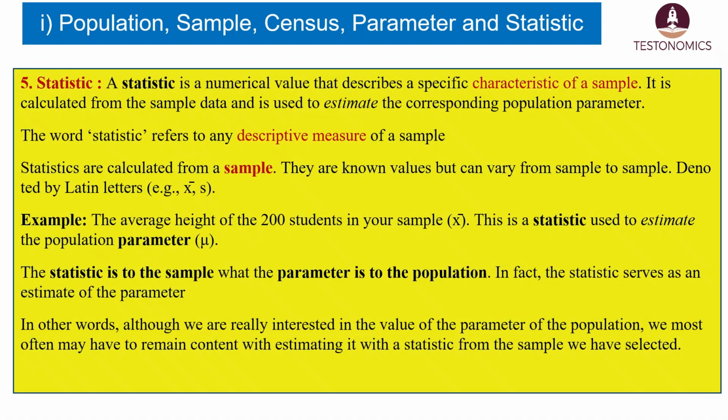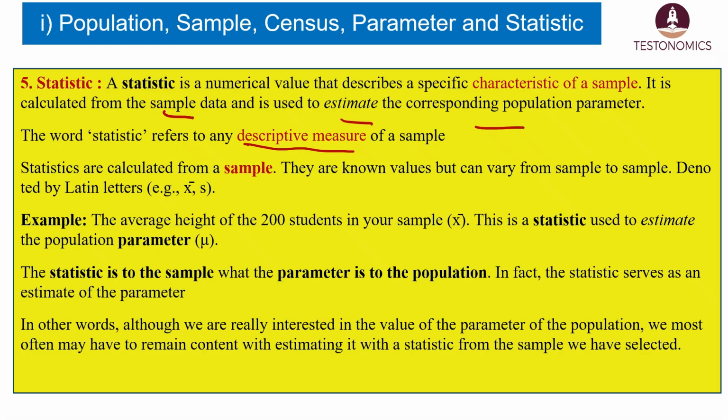Next, we have the statistic. It is a numerical value that describes a specific characteristic of a sample. Earlier we were talking about parameter, and in that case we had said the population. The statistic is calculated from the sample data and it is used to estimate the corresponding population parameter. The word statistic often refers to a descriptive measure of the sample.